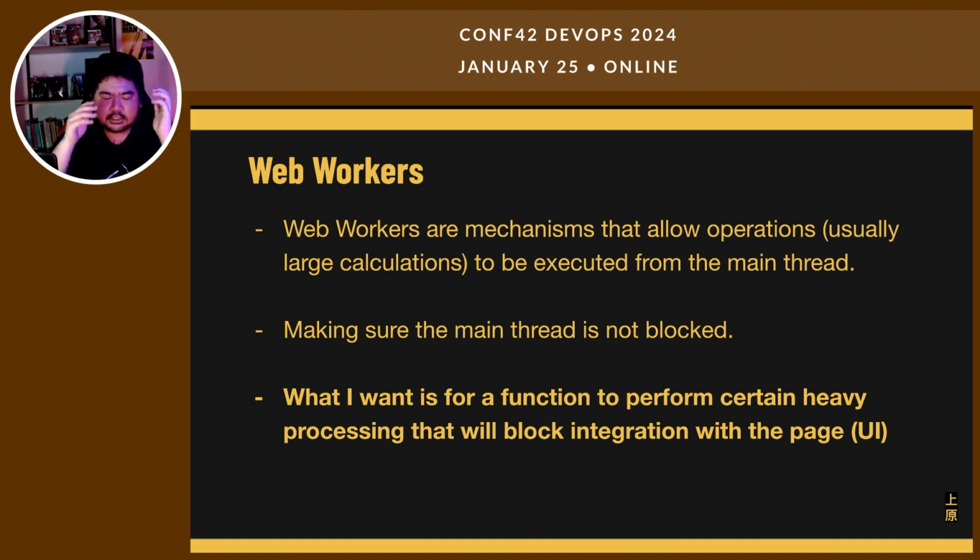What I want is for a function that performs certain heavy processing, which would block interactions with the page, the UI. So imagine that you have a web app and you're doing a large or huge processing, but you don't want your page to be blocked, so the user can't interact with it because you are making this large operation in the main thread.